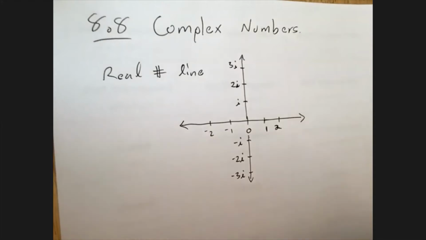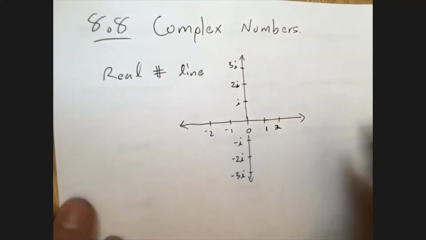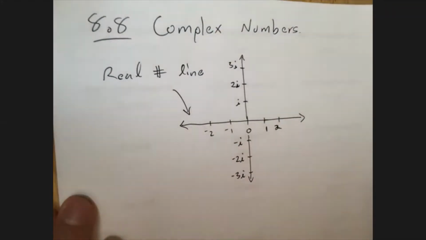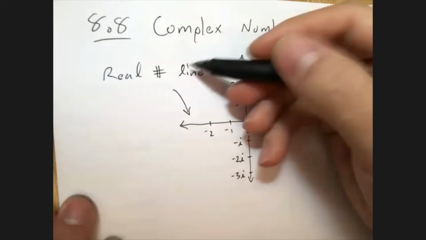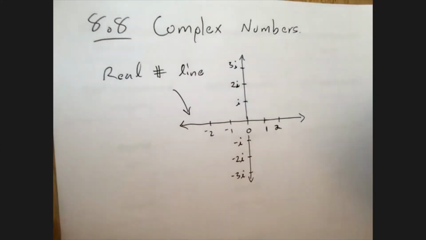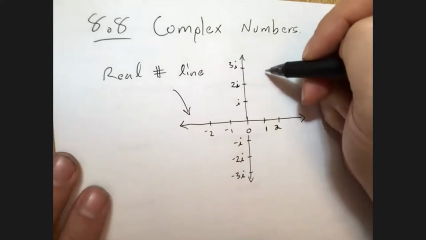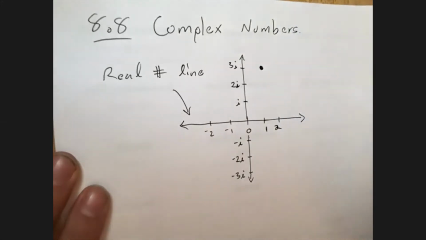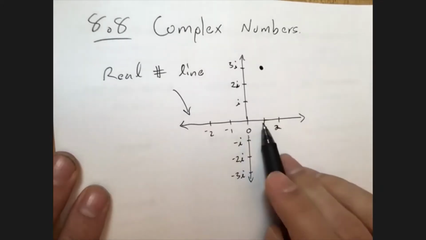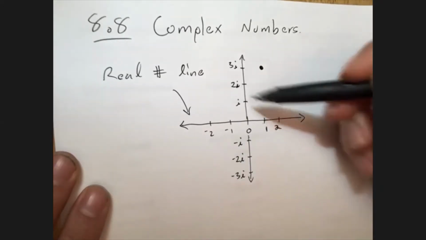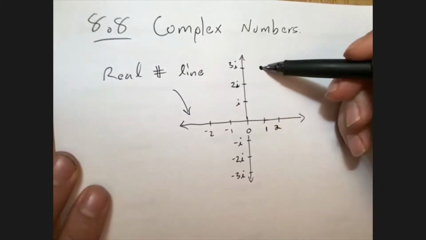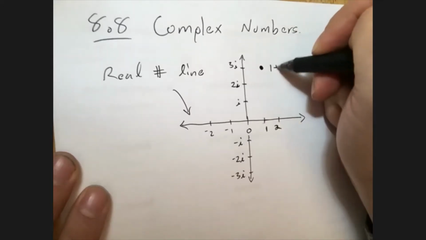And now, instead of just a real number line, that's this guy, we have a whole plane of numbers, because we can position ourselves anywhere out here. I could take a point over here, and you can see that in the real number direction I have 1, but in the i direction I have 3i. So this is the number 1 plus 3i.